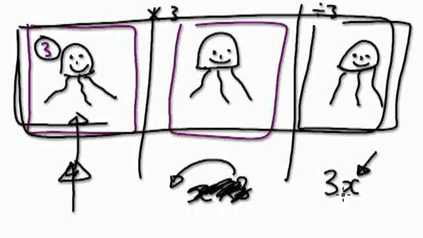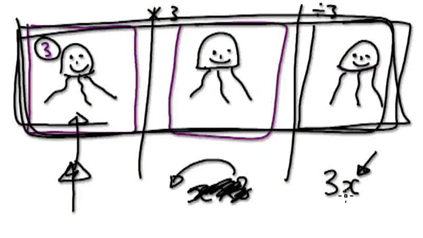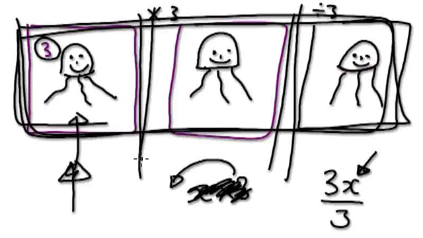When you times 3, we write it as 3x. When you times 3, you're going to get three tritopus here. And then I'm going to ask you to divide by 3. So you're going to split it up into 3 equal parts, and then you only take one part. So you are back to your x.